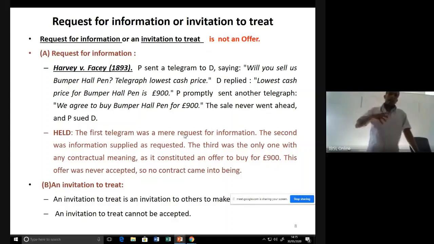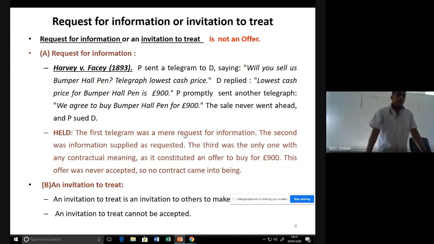Sometimes we ask for information before we enter into an agreement. Parties are negotiating, and to negotiate you need information, so you request information. Requesting information from the other party is not an offer, therefore it cannot be accepted.